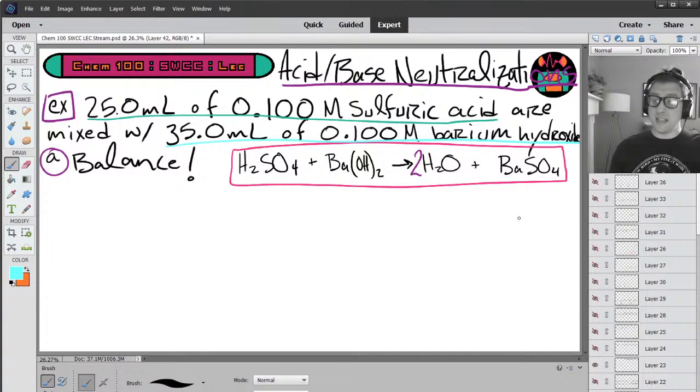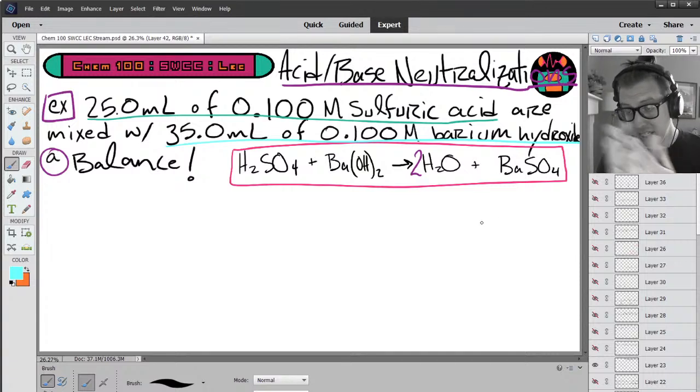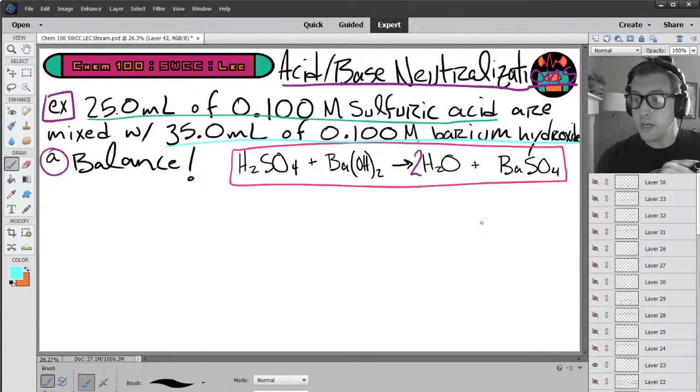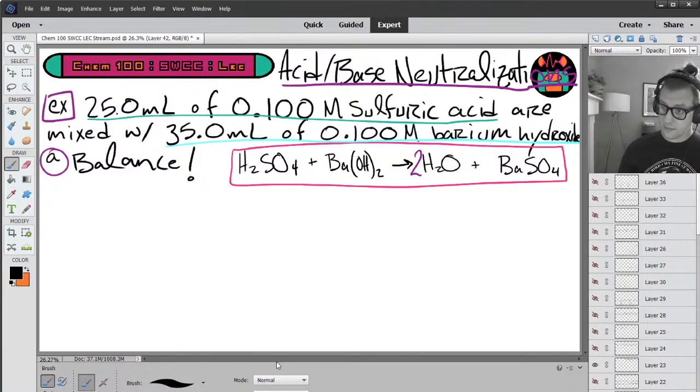This means we're dealing with a limiting reactant scenario. If we had just been given one, then the assumption is the other one is in excess. We calculate it, but we don't know which one is going to determine our theoretical yield because we don't know which one is limiting. So we need to calculate the theoretical yield of water based on both quantities and compare them. Whichever one is smaller, that is the one that we're going to go for.